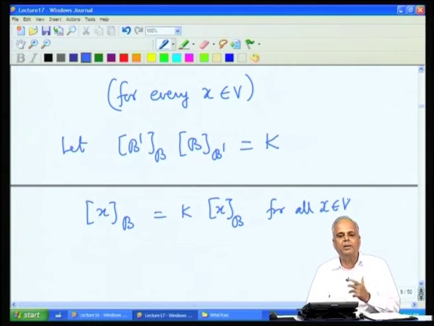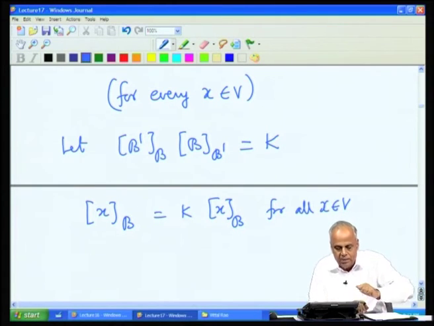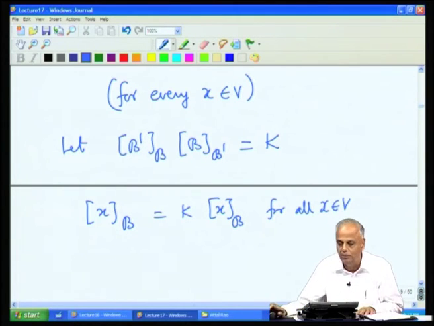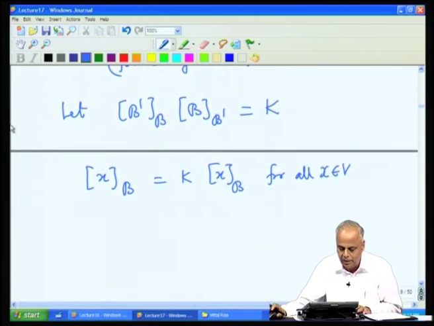So, if we take any x in V and look at its representation in the B basis, it is the same as K times its representation in the B basis, and we expect therefore K is identity.